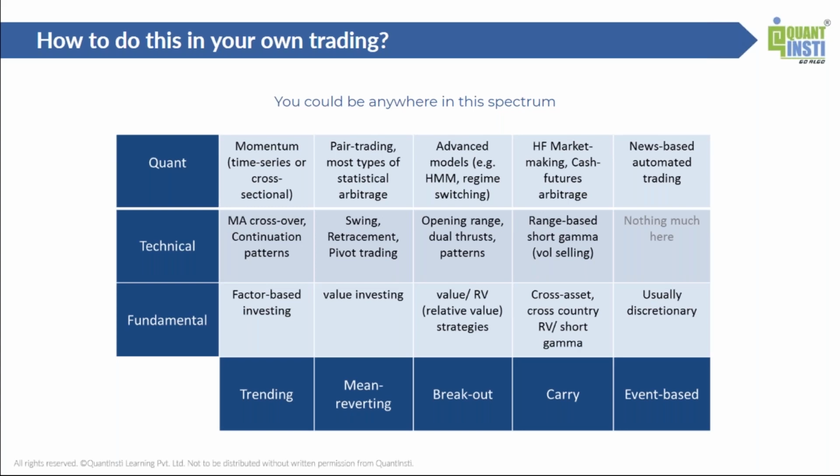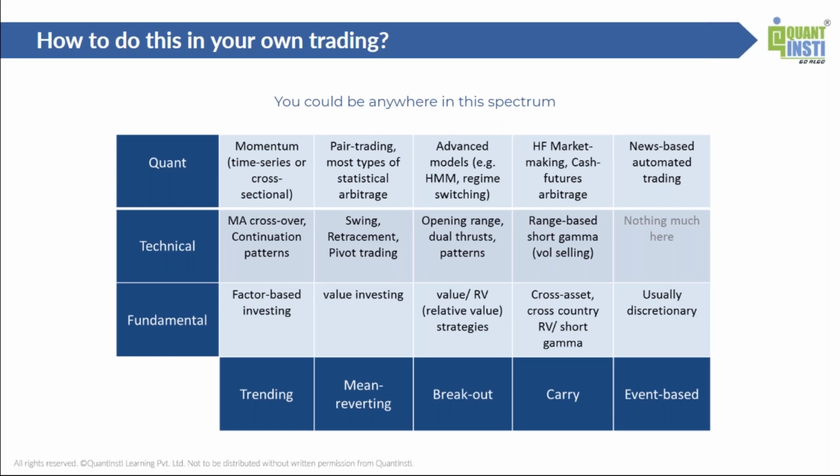And on the y-axis, there is how you actually approach. One is whether you use more fundamental data or some technical data like charts or patterns, or you use some kind of a quant and stats heavy model to come up with your trading strategy.